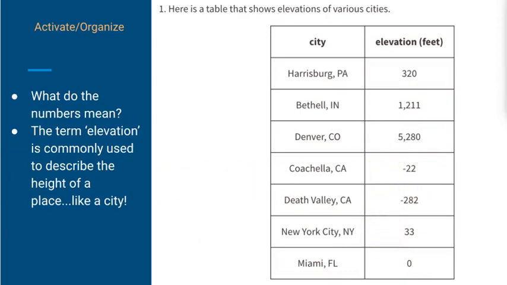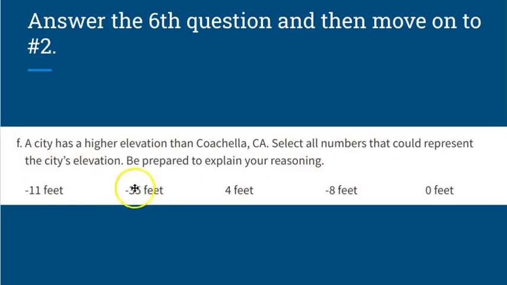Coachella is negative 22 feet elevation. So which of these would have a higher elevation than Coachella, California? Remember that Coachella is negative 22 feet. So which ones would have higher?